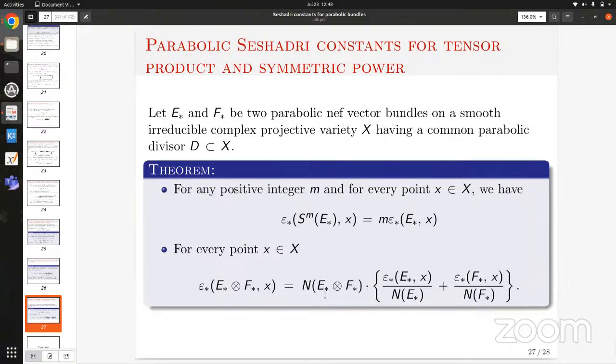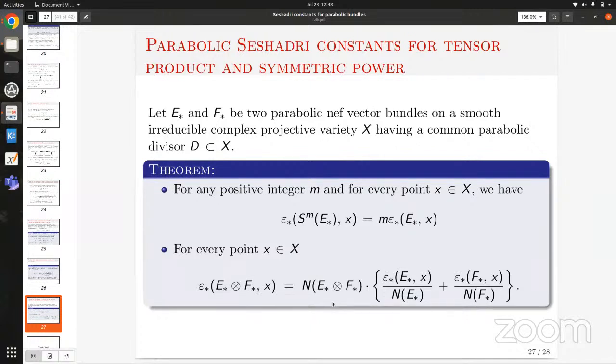That is not a problem. The only thing is that it has to be defined for a common parabolic divisor. That's all. So you can take finitely many, and you can take a common parabolic divisor. So that is not a problem.